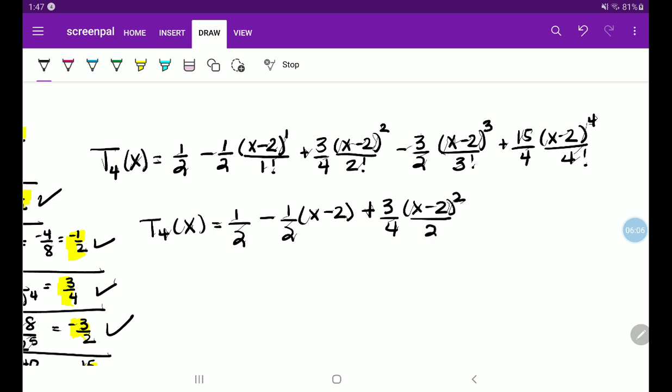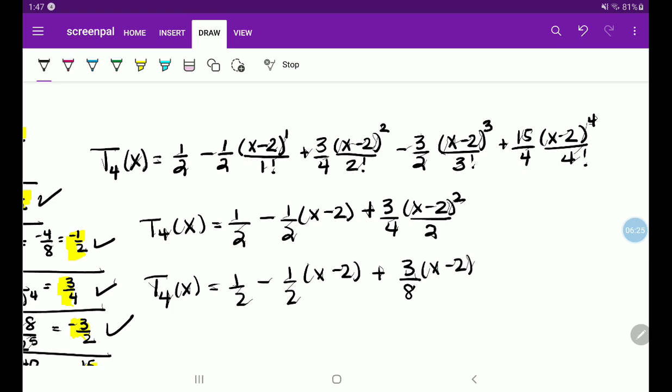So 1 times 2 is 2. And while I'm at it, I think I'll just go ahead and start cleaning up for the next line. So over here, we're going to have 3 over 4 times 2, which is 8, and x minus 2 squared.